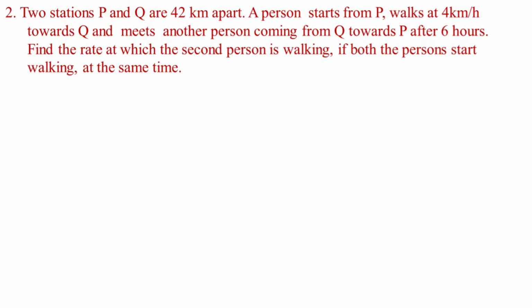This is the question given, and they asked us to find the rate at which the second person is walking, which means the speed of the second person. Both persons started walking at the same time but from two different stations. Okay, let us find the solution.